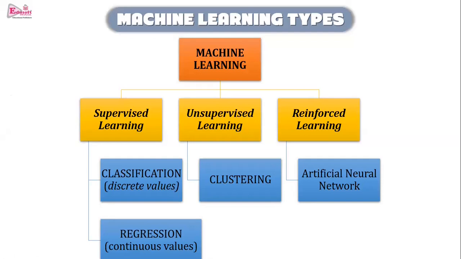So across a period of time, if we are looking at a certain set of values which have been increasing or decreasing during the course of the time, then these values are called continuous values. And when we try to analyze such values, the technique which we apply is called regression technique. We will discover shortly what regression technique is.